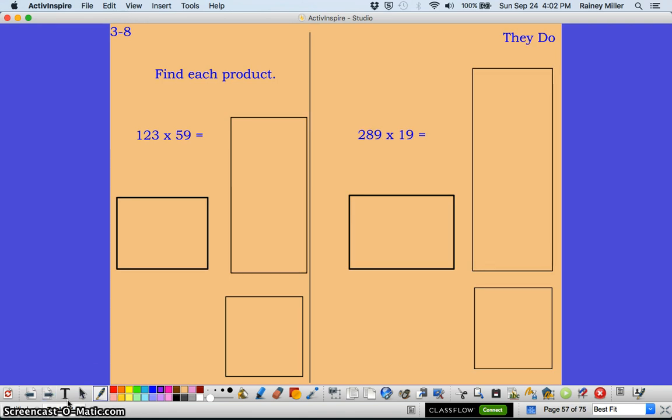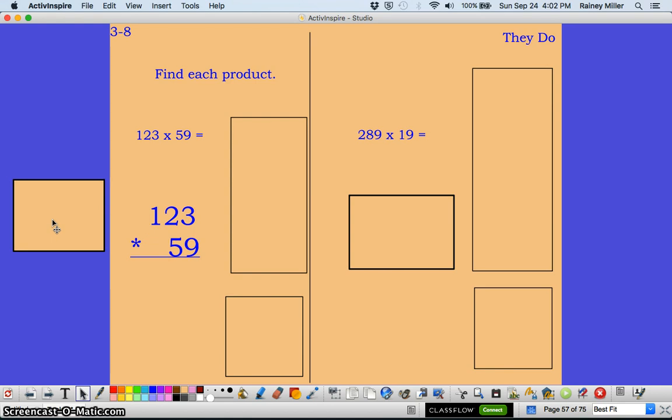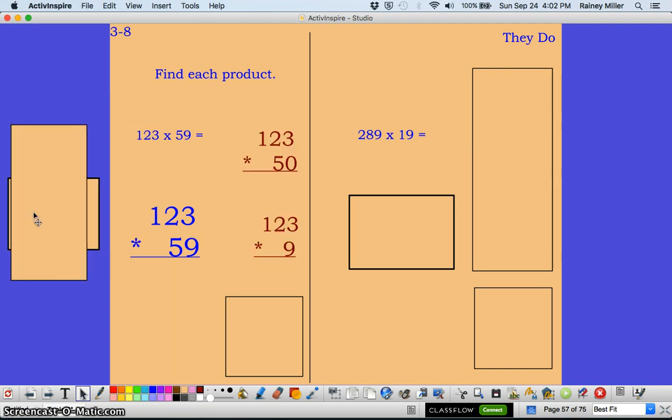Okay, go ahead and stop the video and I want you to try out these two problems. Okay, so 123 times 59. Here's the rewrite that I do. I know that it's 50 times 123 and 9 times 123, and if I add those together, I can get my answer. So I go 5 times 3, that's 15.